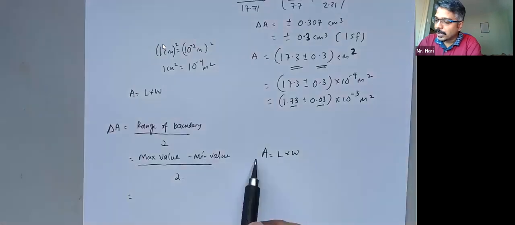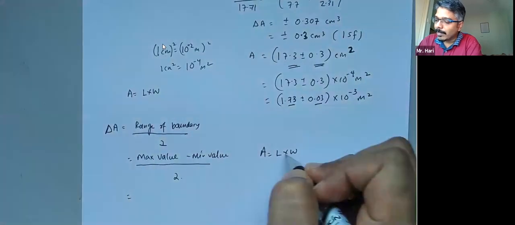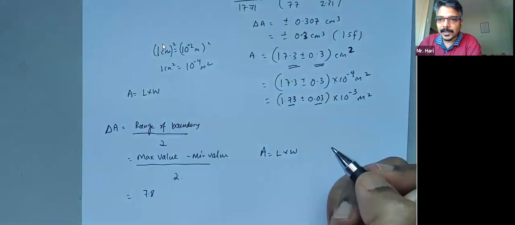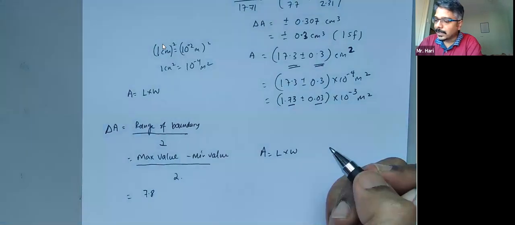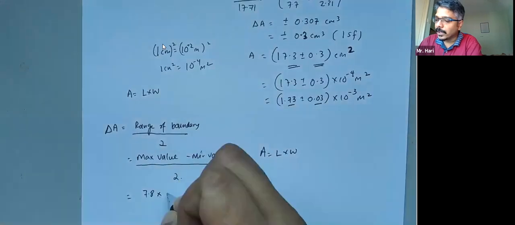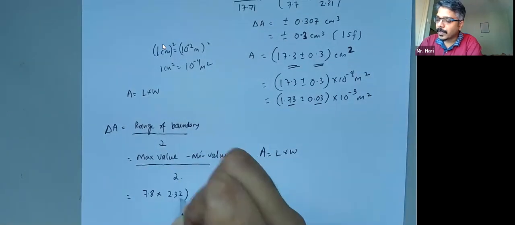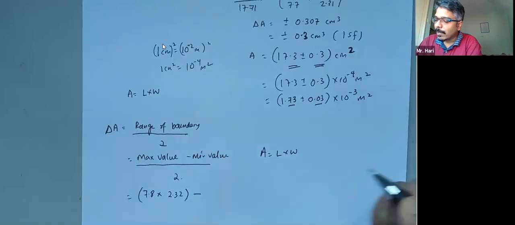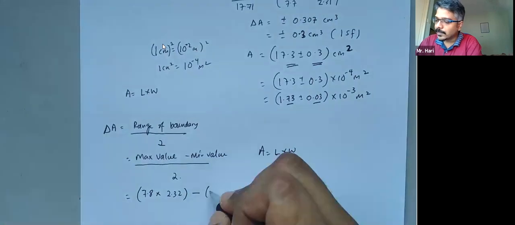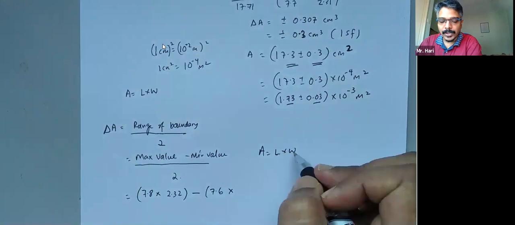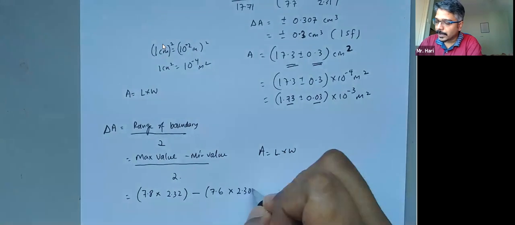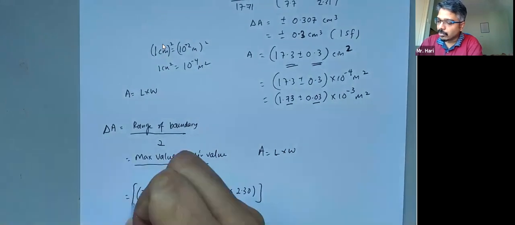The maximum value is 7.8 times the upper boundary of the width, which is 2.32, minus the lower boundary of the length, which is 7.6, times the lower boundary of the width, in this case 2.30, and divide by 2.